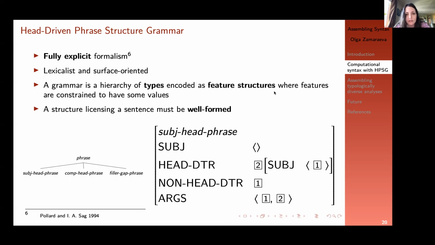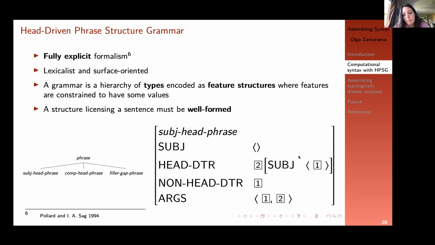Just a few other things to say about HPSG here. Any grammar in HPSG is a hierarchy of types, and the types are encoded as feature structures, where features are constrained to have specific values. And any structure that actually licenses a sentence, that admits a sentence as grammatical, must conform to the well-formedness constraints, however they are defined. So in this picture, you just see a simple, tiny hierarchy of a few phrase structure rules. Any phrase structure rule is a feature structure which has certain constraints.